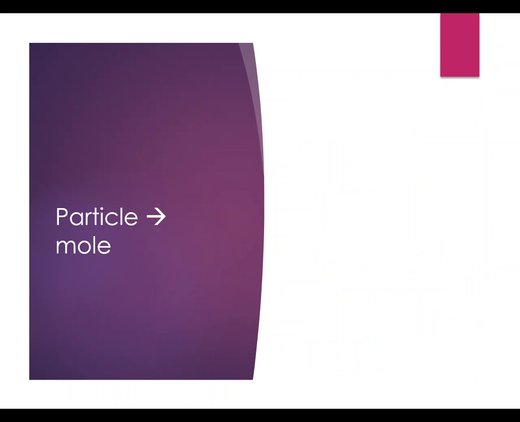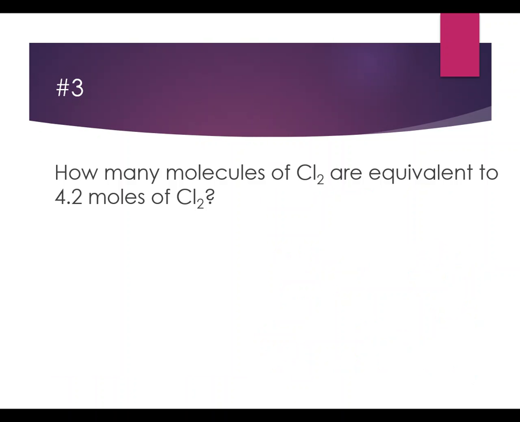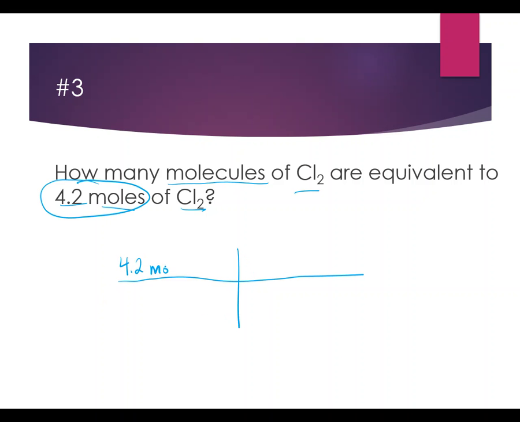Now we're going to start looking at going from moles to the particles. So here, example number 3, how many molecules of chlorine are equivalent to 4.2 moles of chlorine? It's the same one-step conversion. The difference is what we're starting with is now moles. That's what goes up here in the upper left corner, like so.